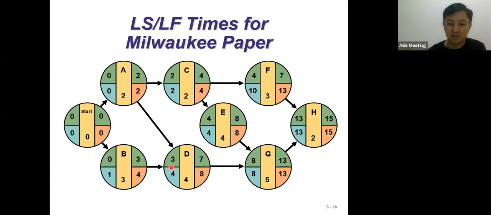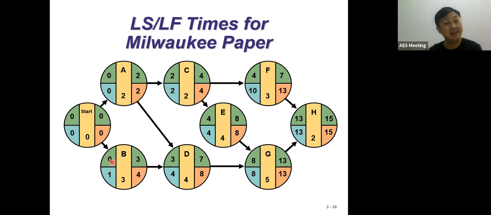Why not take 4? Simple, because 2 is the shortest. We want to shorten the duration. Therefore 2 minus 2 equals 0, and 4 minus 3 equals 1.